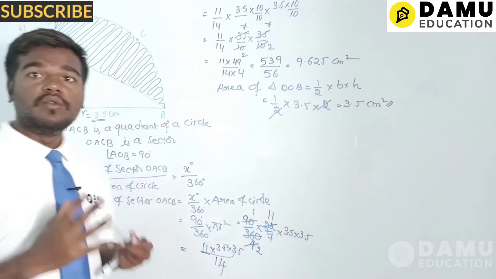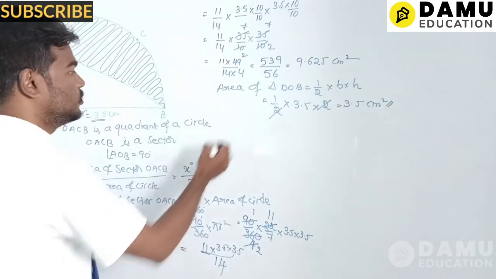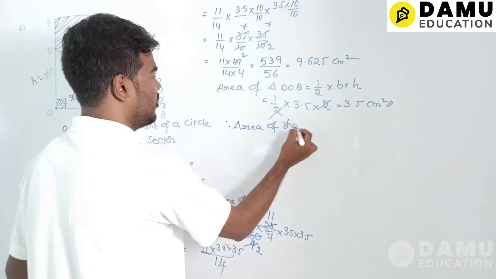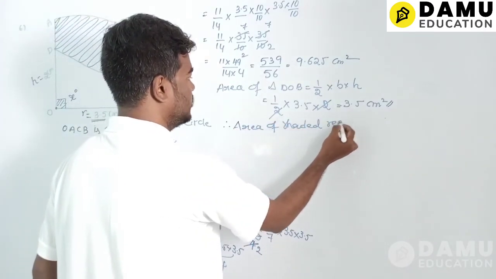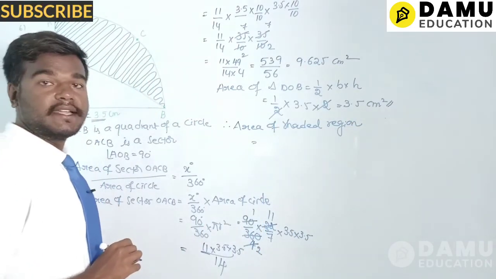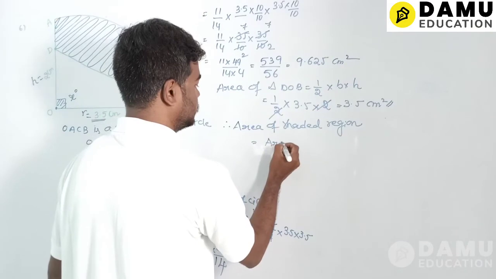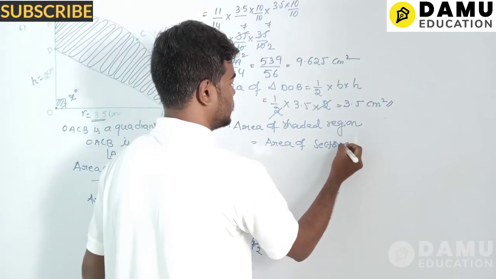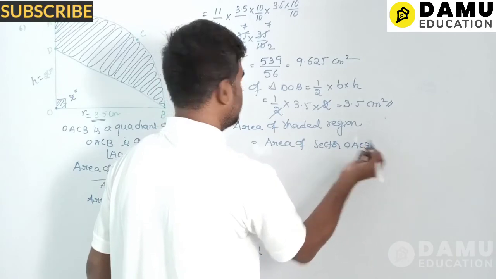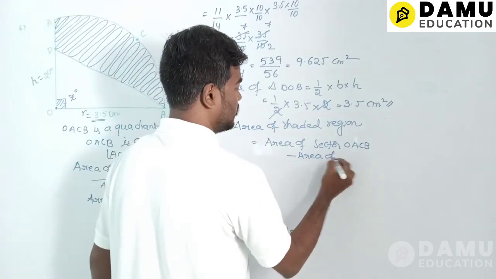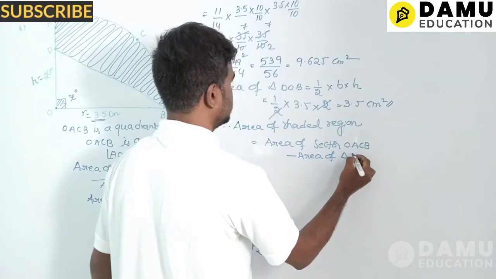Finally, what you can write here is, therefore, area of shaded region will be equal to area of sector OACB minus area of triangle DOB.